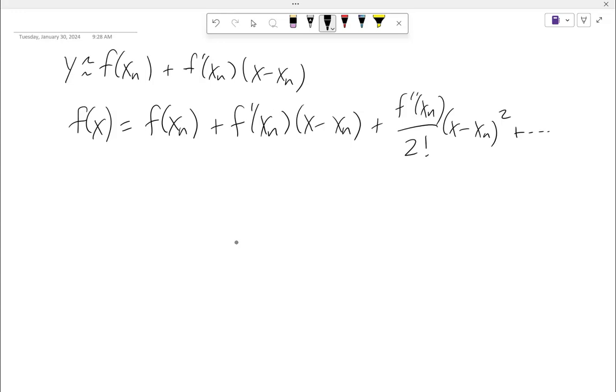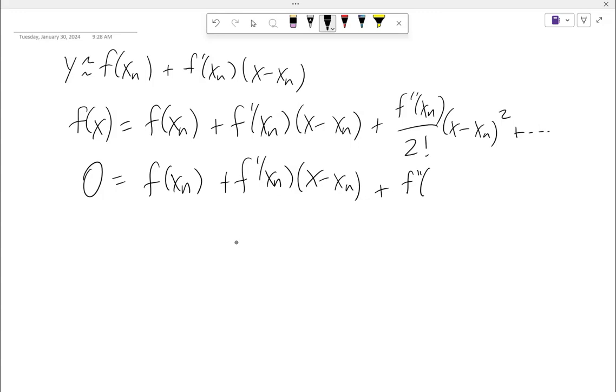So if this x sub n is the root, then using Taylor's theorem, we can write 0 equals f of x sub n plus f prime of x sub n times x minus x sub n, and then plus f double prime of xi, however you want to pronounce it in Greek.